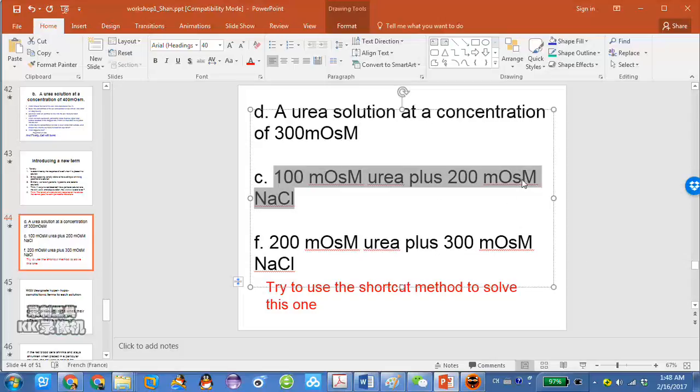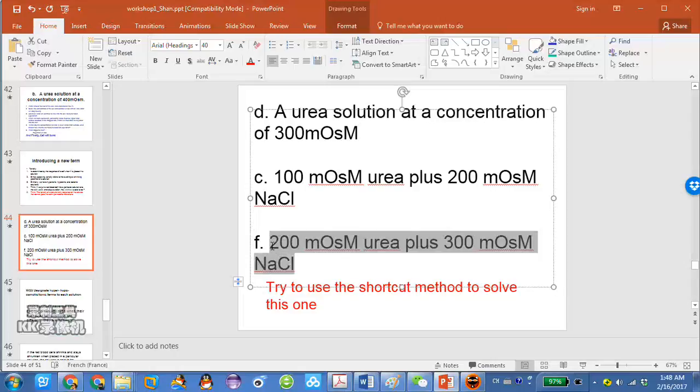So the outside is isoosmotic to the inside. Water moves in, the cell swells. So we say the outside is a hypotonic solution to the cell.